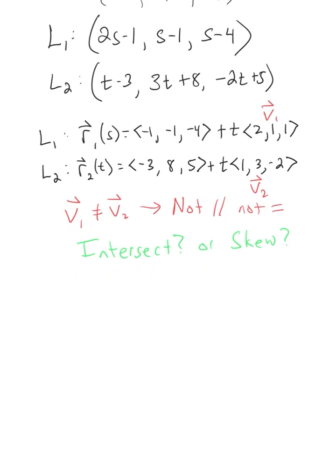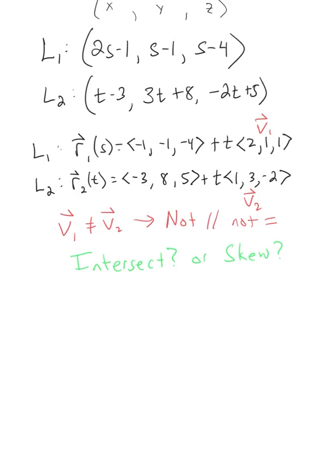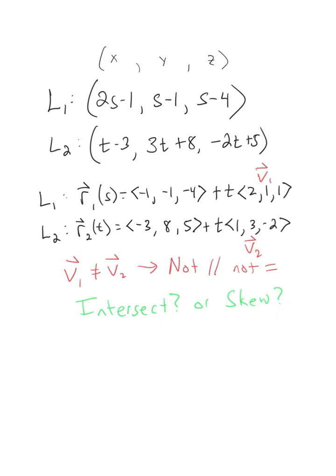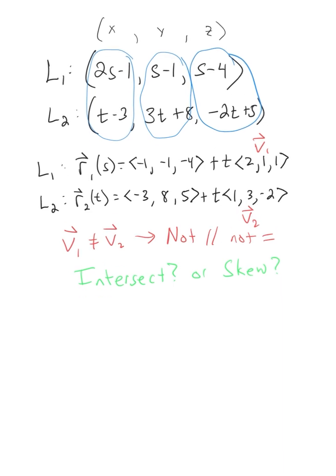All right, well, we just need to find out if they have an intersection point. How do we know if two lines intersect? Well, that means that the x and y and z would need to have some common point between those. So we're actually setting up a system of equations where the x's are equal to each other.